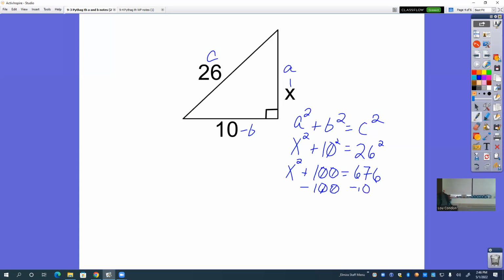Subtract 100 from both sides. That leaves you with X squared equals 576. And then once again, as always, the opposite of squaring something is to take the square root. And when you take the square root of 576, X equals 24, which means that A equals 24.